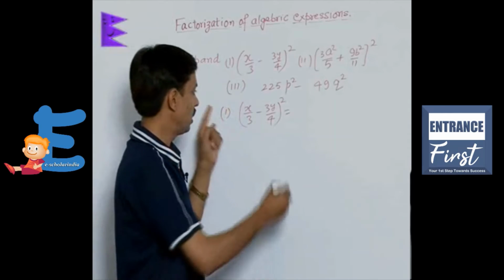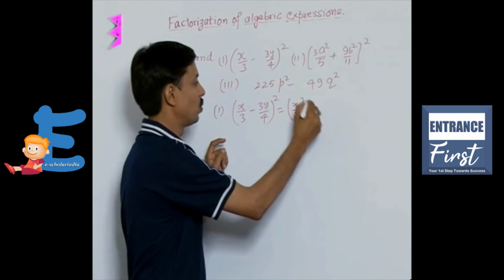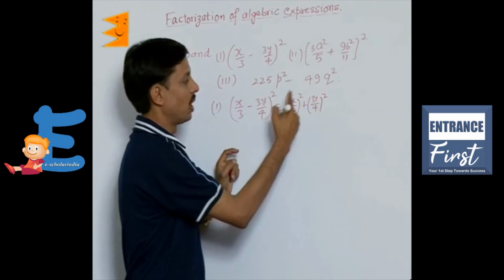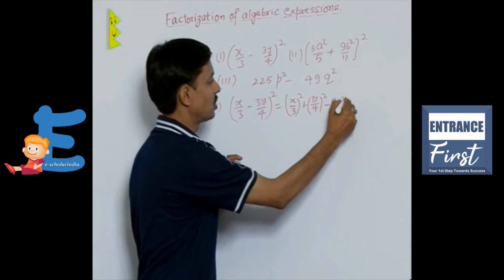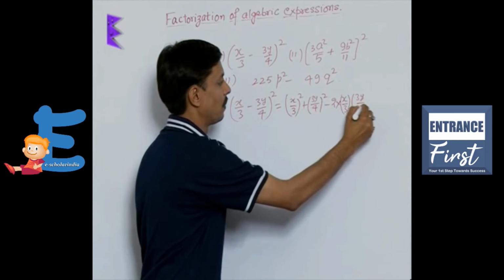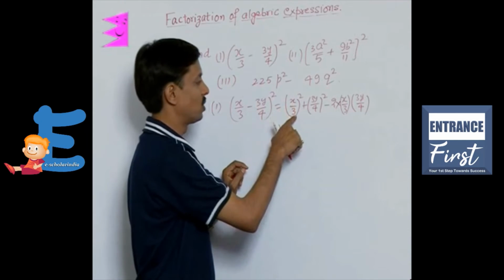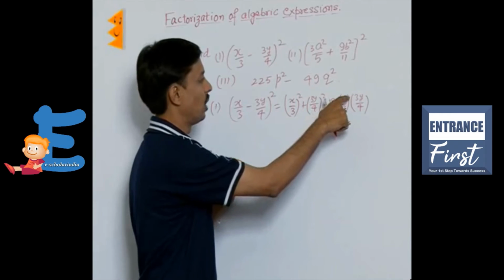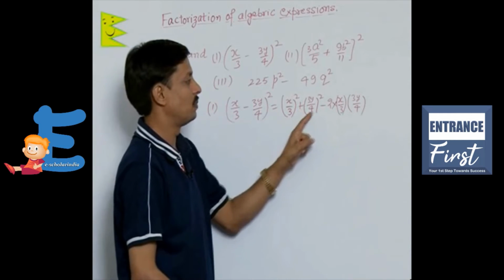So it is a square, that is (x by 3) whole square, plus b square, meaning (3y upon 4) whole square, minus 2 into a, meaning x by 3, into b, meaning 3y upon 4. So (x by 3 minus 3y upon 4) whole square is equal to (x by 3) whole square plus (3y upon 4) whole square minus 2 into x by 3 into 3y upon 4. (a minus b) whole square is equal to a square plus b square minus 2ab.